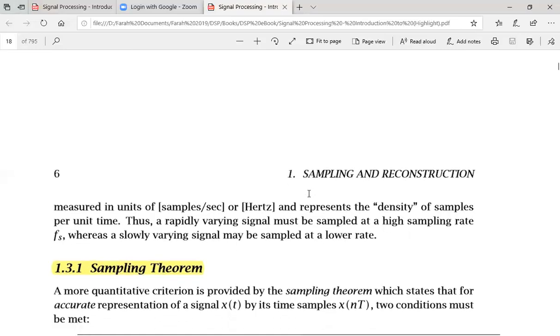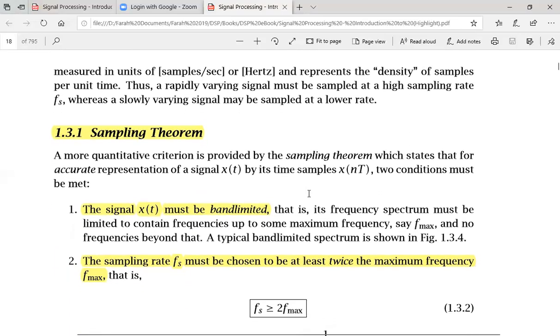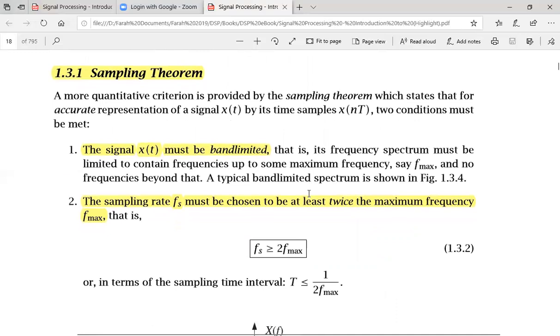How do we decide at which frequency we need to sample any signal? It is given by the sampling theorem. The sampling theorem says you can get an accurate representation of the signal x of t from its samples x of nTs when two conditions are met.